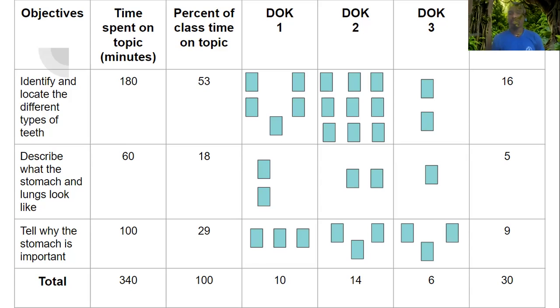Then we're going to think about the 30 questions based on the test, and we have to calculate the percentage of class time over 100 multiplied by the 30 in order to get the number of test items per objective. I'm going to show you a slide now which contains the formula.